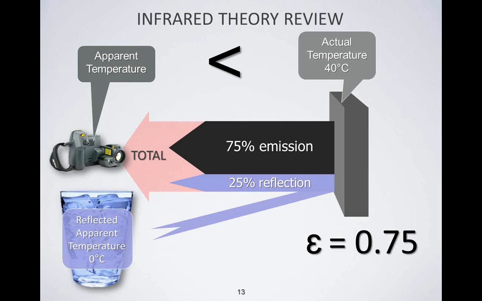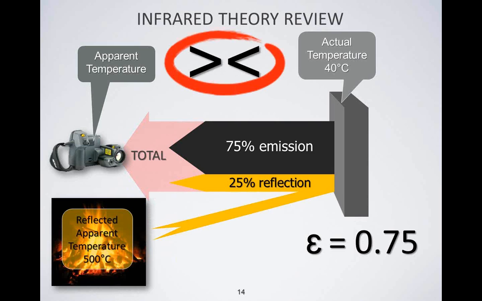Think of it like pouring 25 parts of 0°C cold water into 75 parts of 40° water. Similar to the cold water diluting the warm water, reducing the temperature, the cold or reflected radiation will dilute the warm radiation emitted from the target surface.